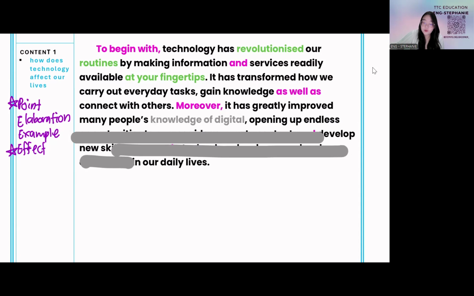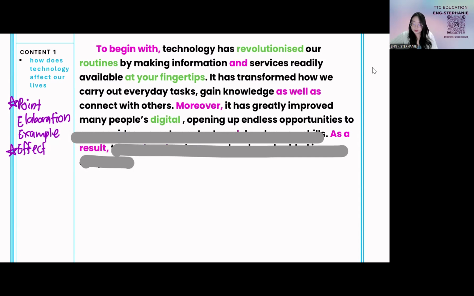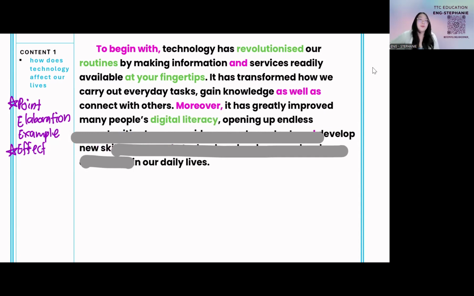It has greatly improved many people's knowledge of digital. All right, so we pause here for a while. So knowledge about digital stuff. Okay, better words we will use: digital literacy.